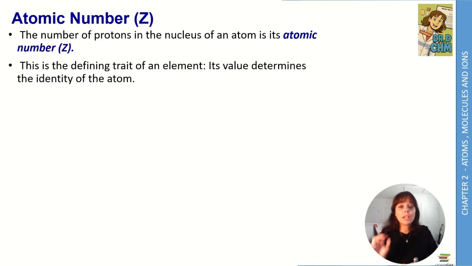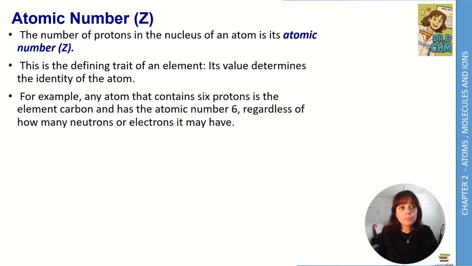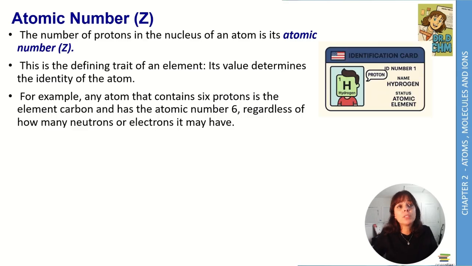If I use an ID for the element, the ID number for hydrogen would be 1, because it has 1 proton. That is the identity of hydrogen, and it will not change.